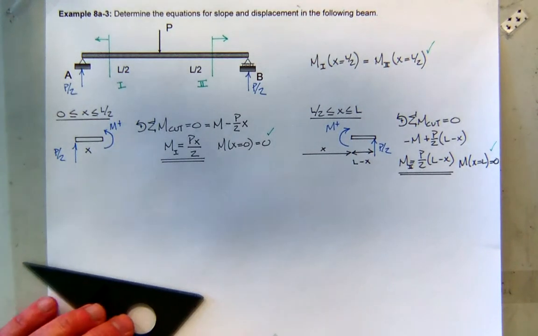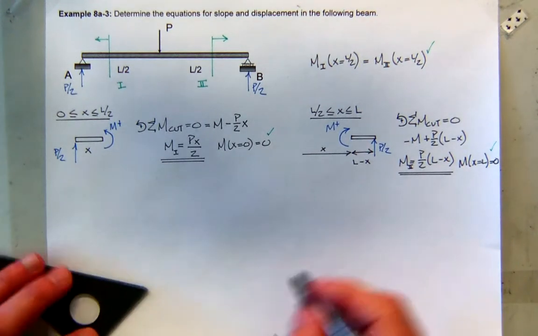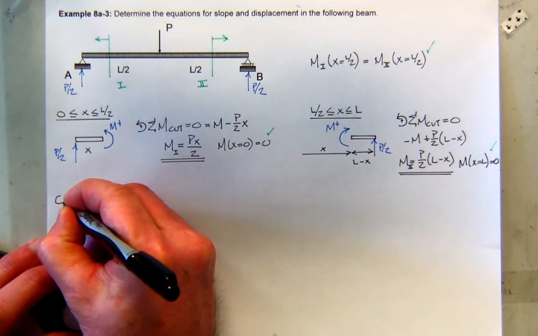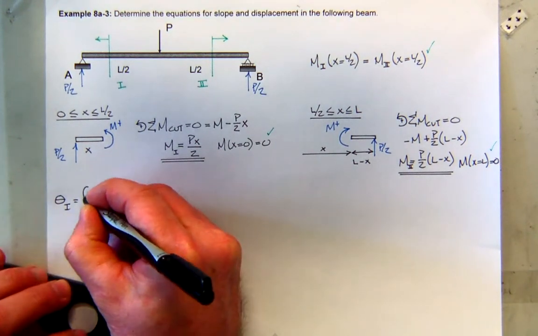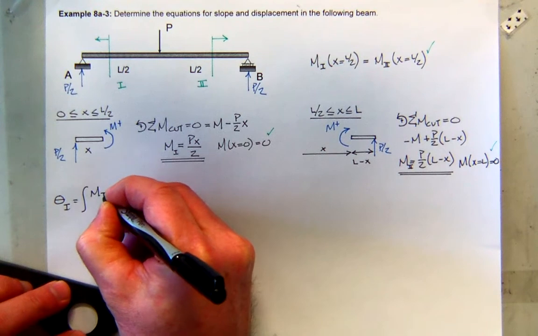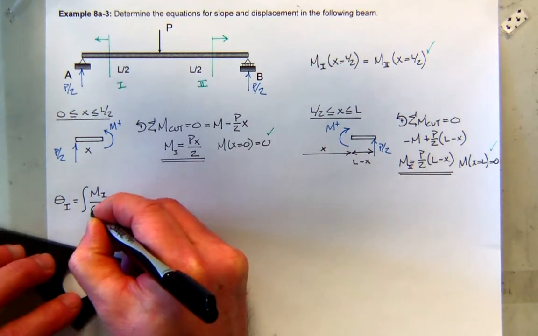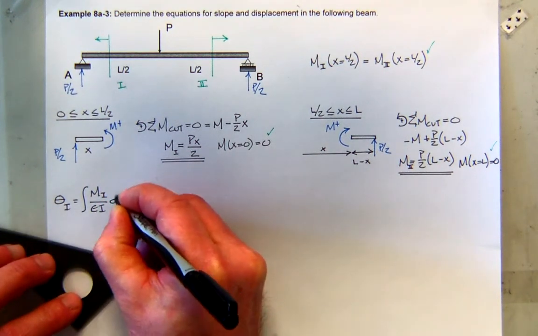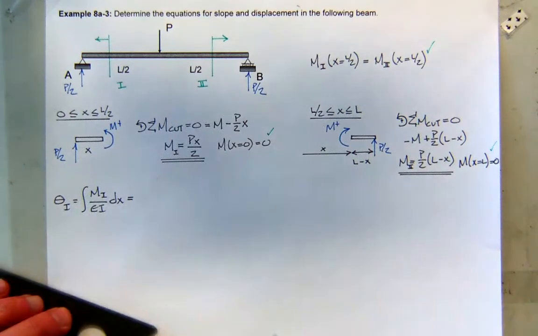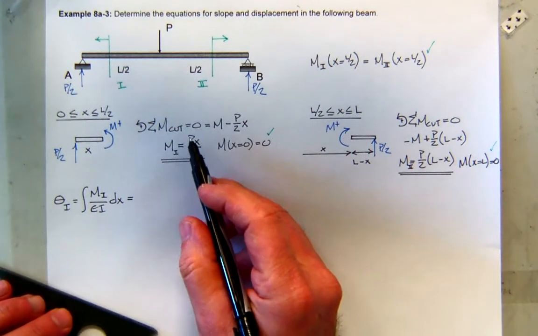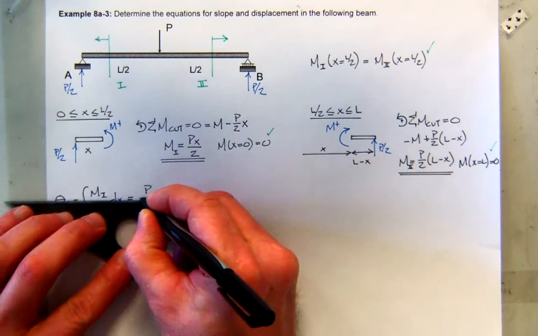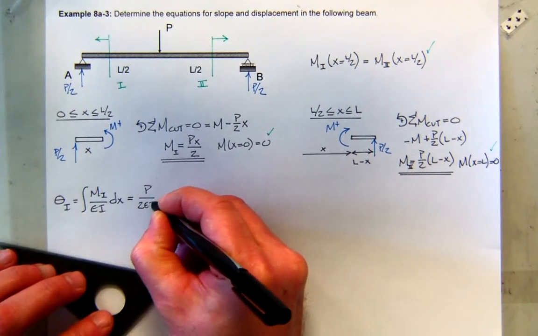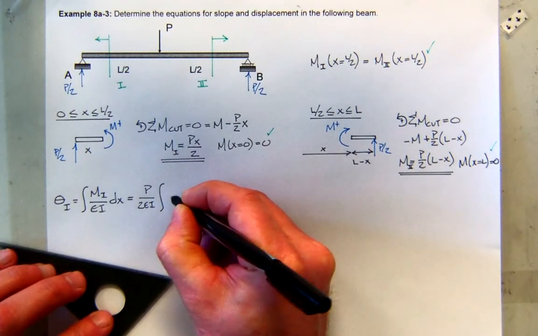So now let's integrate them. So we'll start over here. I'll say the slope in the first region is the integral of the moment in the first region divided by EI. So that's pretty easy to do. I'll take the P over 2 out, so I'll have P over 2EI, and I'm just left with the integral of x.